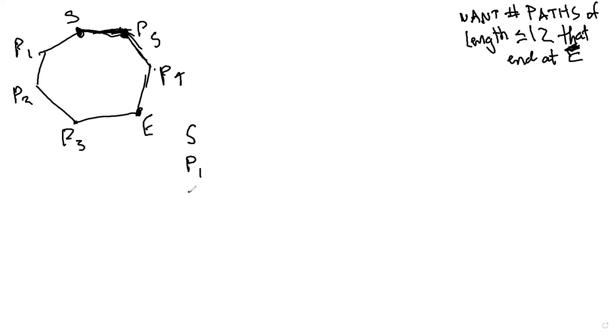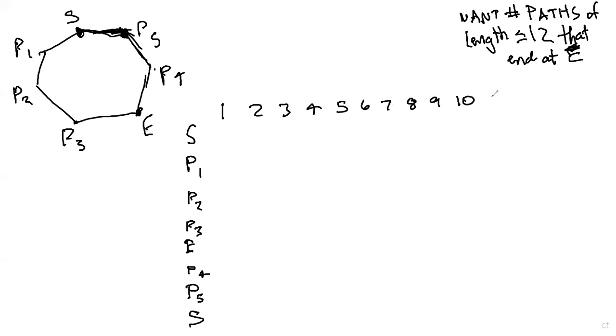S, P1. And I'm writing S at the top and bottom. These are exactly the same, but it's convenient to do so. And these numbers are going to get big fast. All right, so we're going to do recursion based off every single path and where they end, like all the possibilities at the end.